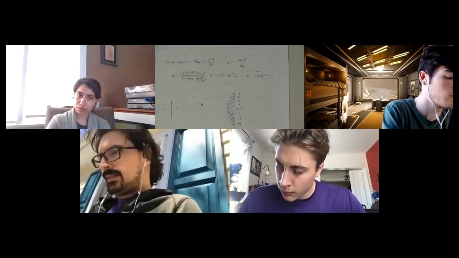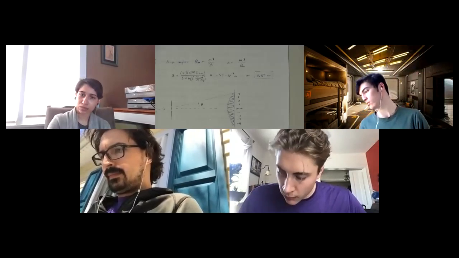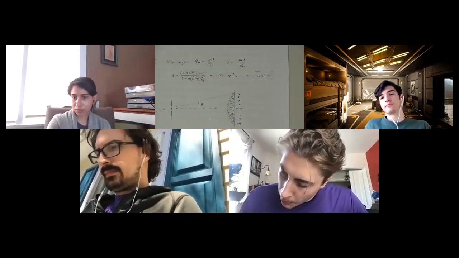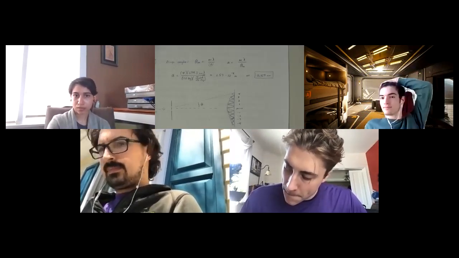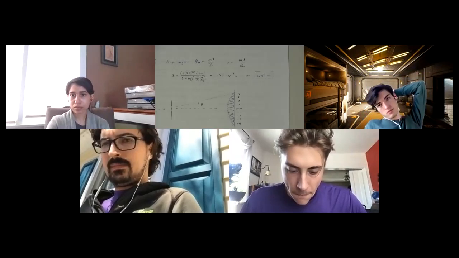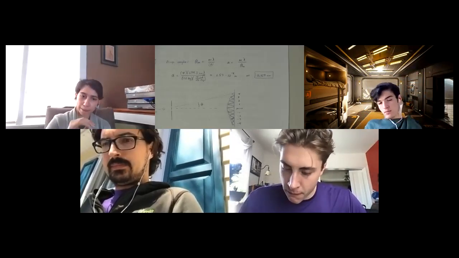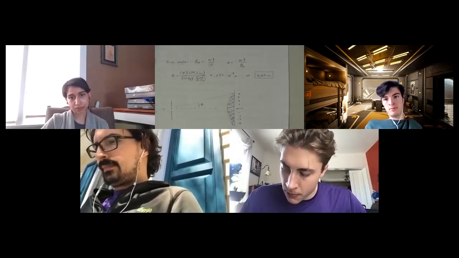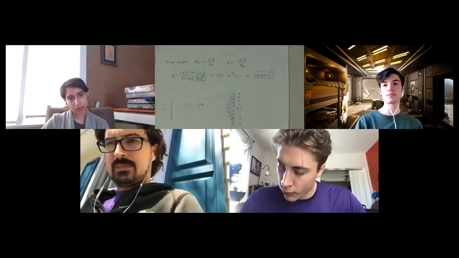But if you read the problem, it says the fourth bright band 1 degree above the central axis. It's unclear which way. And he doesn't even have answers in the back for this one. So if you called that 3 and got a different answer, fine. Let's not worry about it.